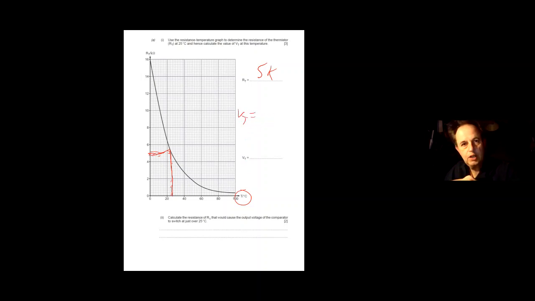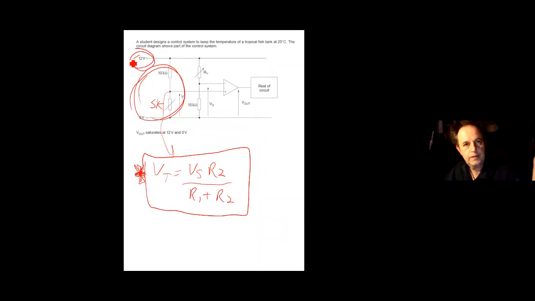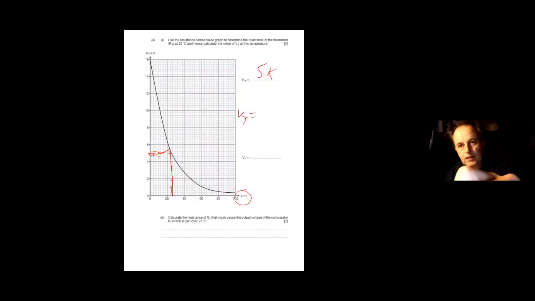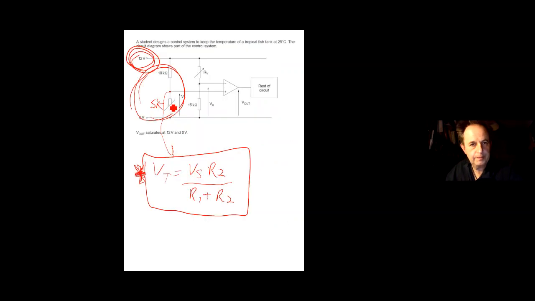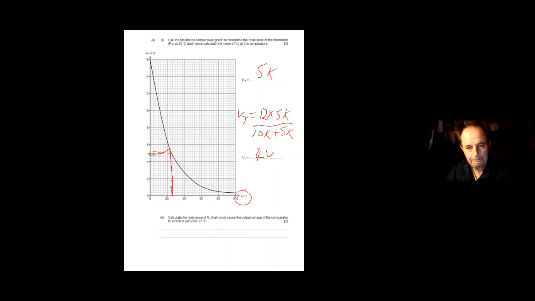The supply voltage was 12 volts, so we take 12 times the bottom resistor, 5k, over the total, 10k plus 5k. When we work that out, that gives me 4 volts. So I've got a 5k on the bottom and the 10k resistor is the top. That's where those two values come from.